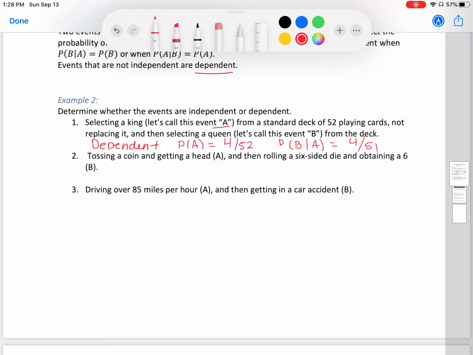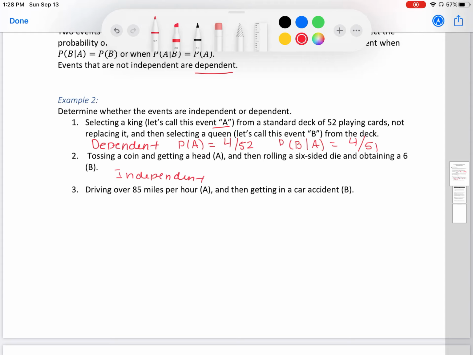2. Tossing a coin and getting a head, and then rolling a 6-sided die and obtaining a 6. Well, one outcome does not affect the other, right? Because they're two different things. A coin toss isn't related to a die roll. So because of this, they're independent. 3.